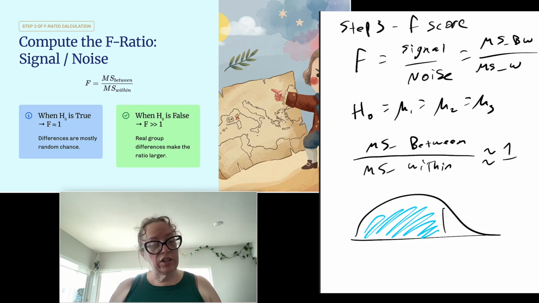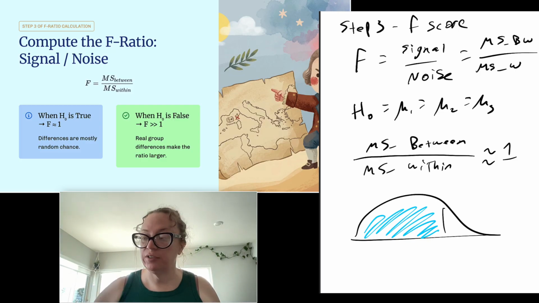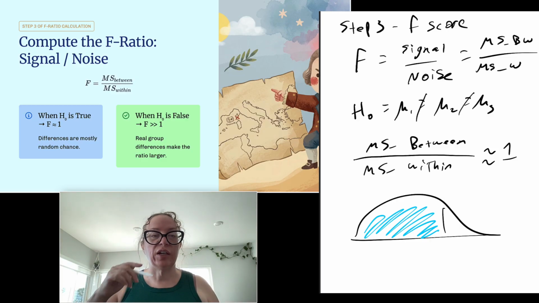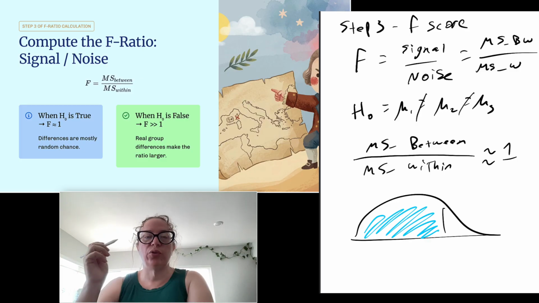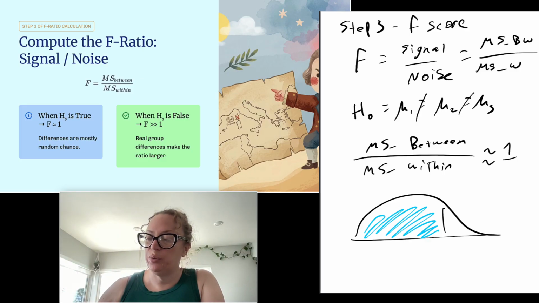If we don't retain the null, if the null hypothesis is false and the groups really are different, so you're going to see that at least one of these does not equal. Maybe 2 don't equal. Okay, maybe they're all not equal. So then the MS between is going to be larger.